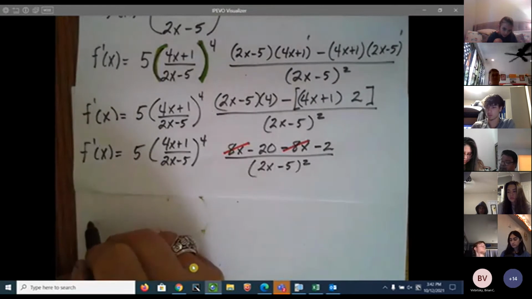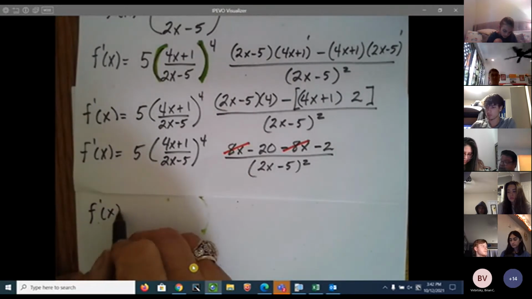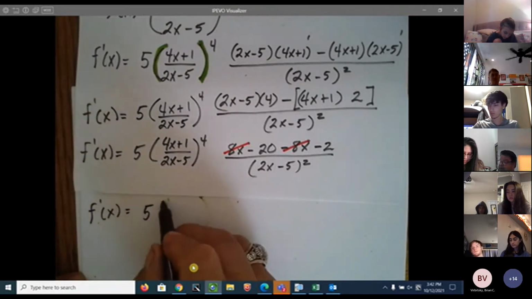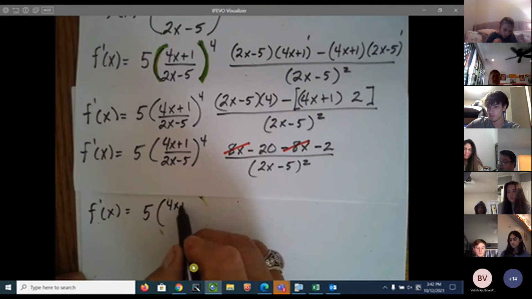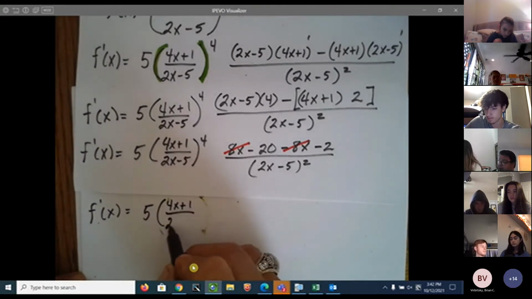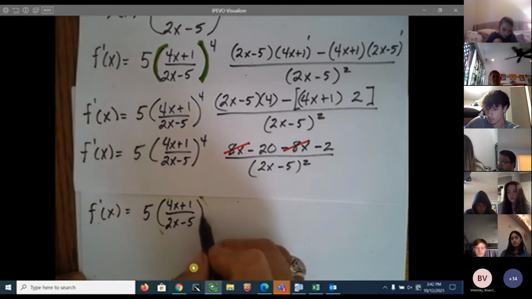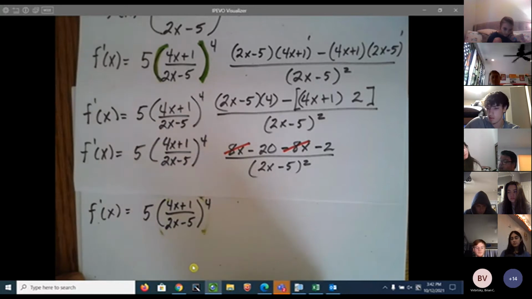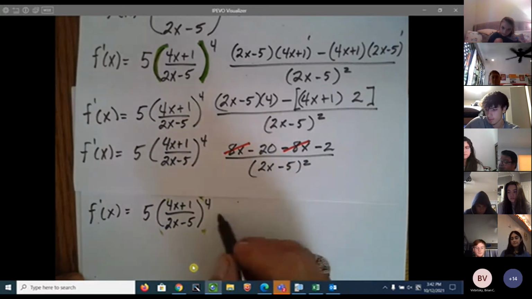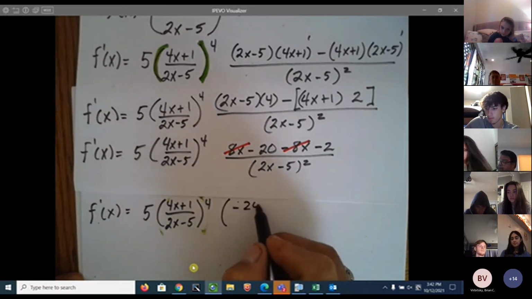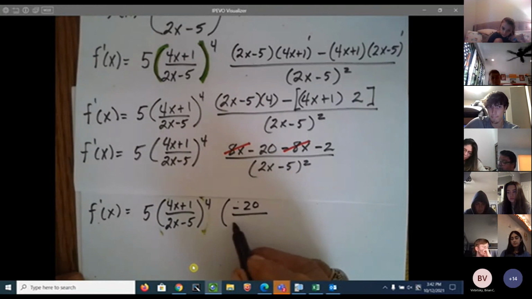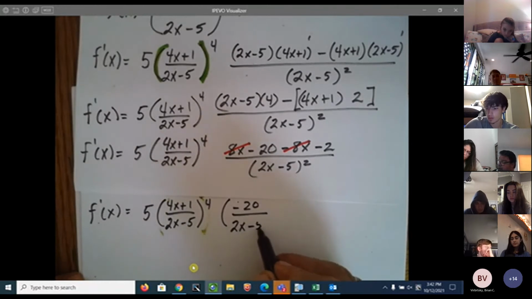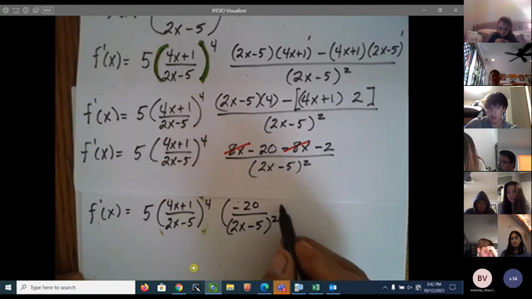And that's going to give me f prime of x is equal to 5 times 4x plus 1 over 2x minus 5 to the fourth power, times negative 22 over 2x minus 5 quantity squared.